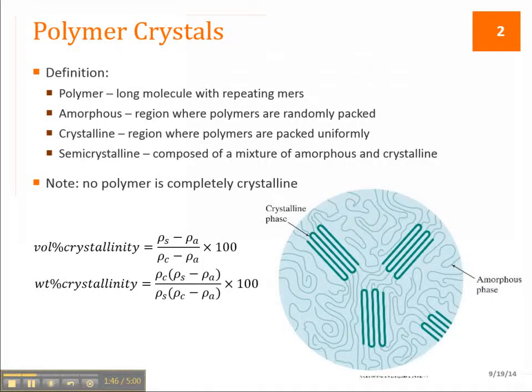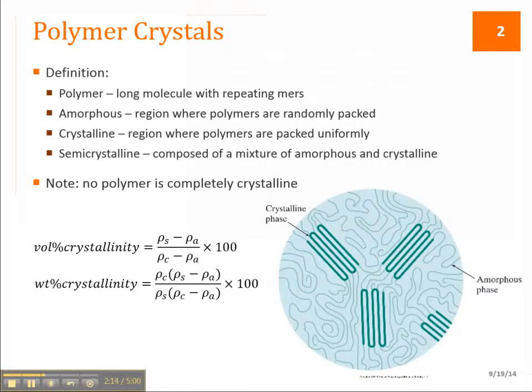So most polymers are semicrystalline, which means they have regions that are amorphous and regions that are crystalline. And one of the interesting tasks we may have is to figure out how much of a given polymer is crystalline versus amorphous. A couple of comments: no polymer can be completely crystalline, but polymers can be completely amorphous, okay?